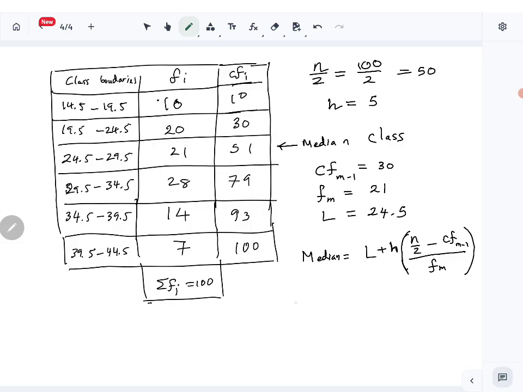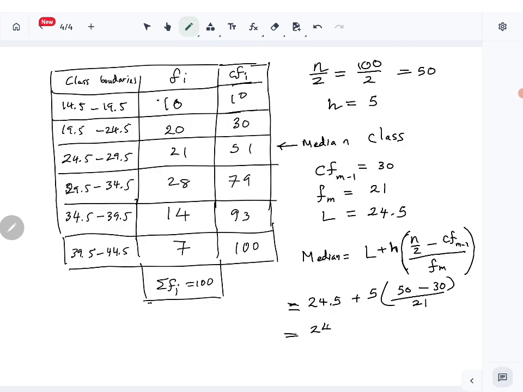So L is 24.5, h is 5, n over 2 is 50, CF minus 1 is 30, divided by the frequency of the median class 21.